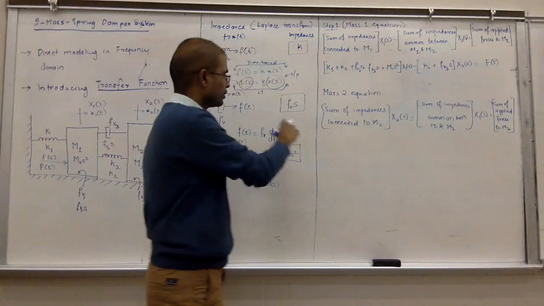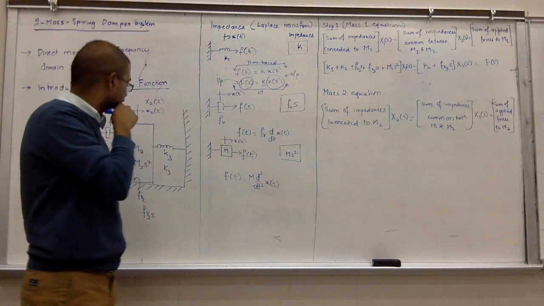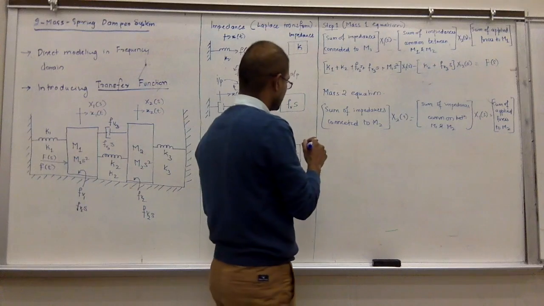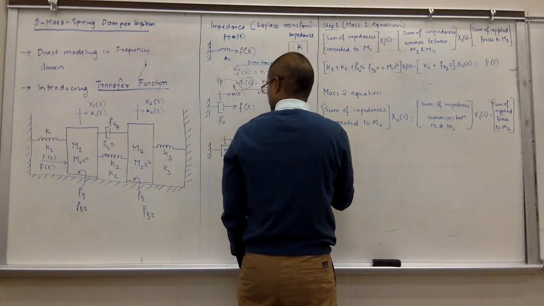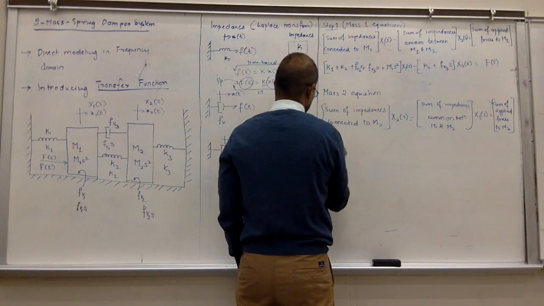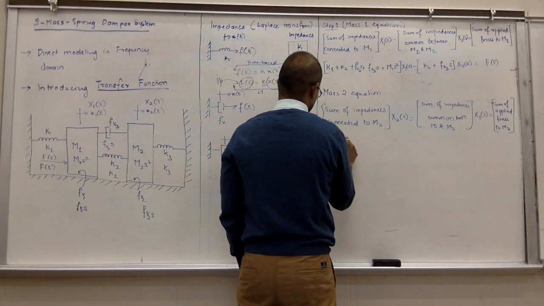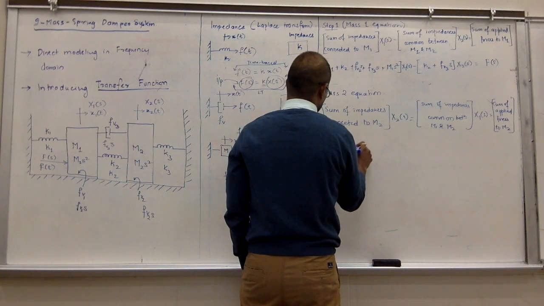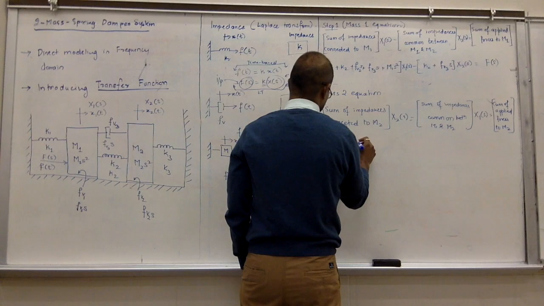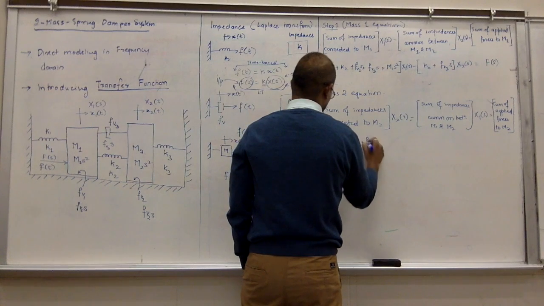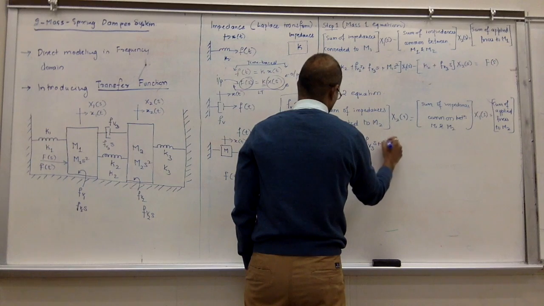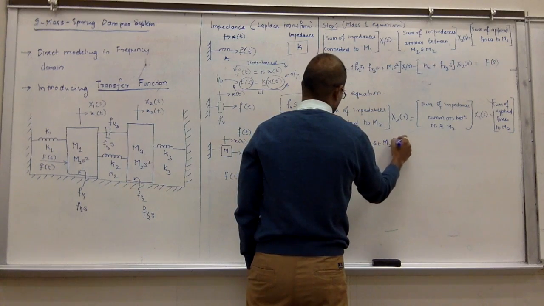Okay. So what are the sum of impedances connected to M2, tell me? It is K2 plus K3, f_v2 s, f_v3 s plus M2 s squared.